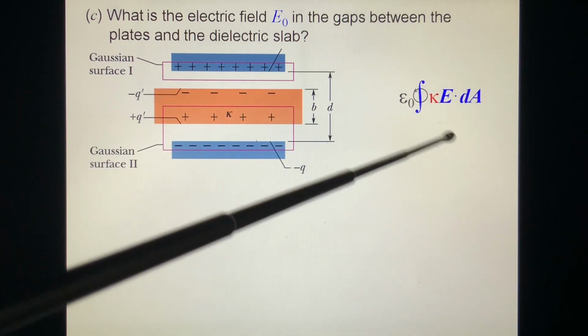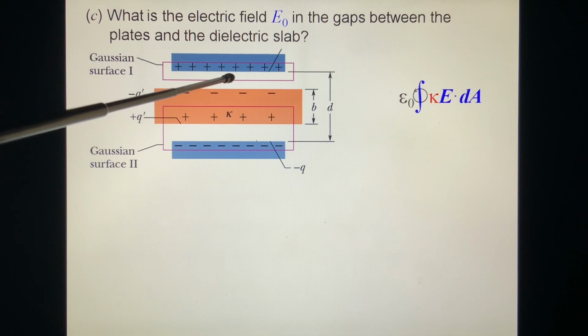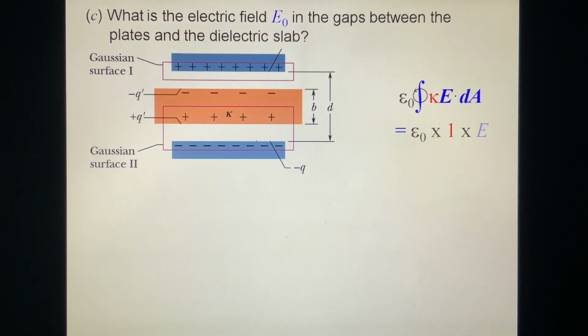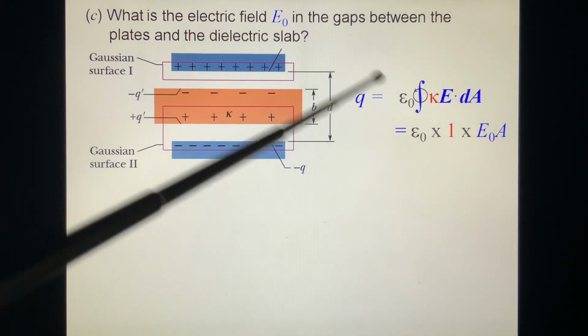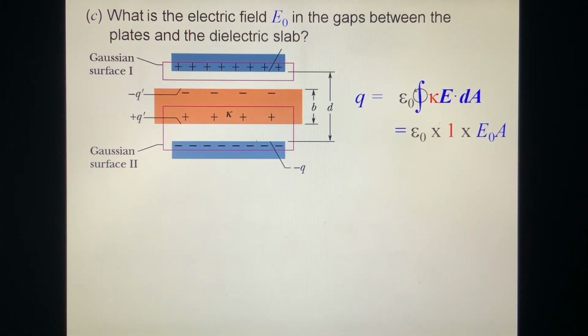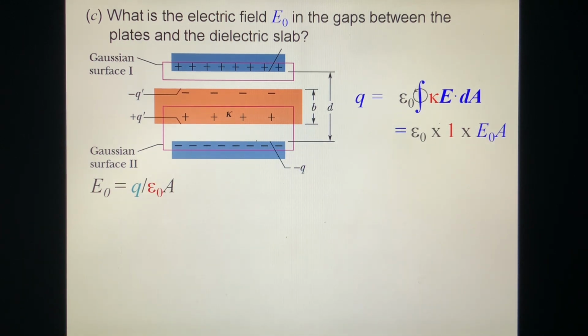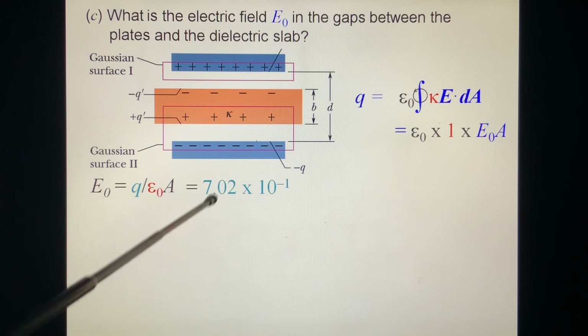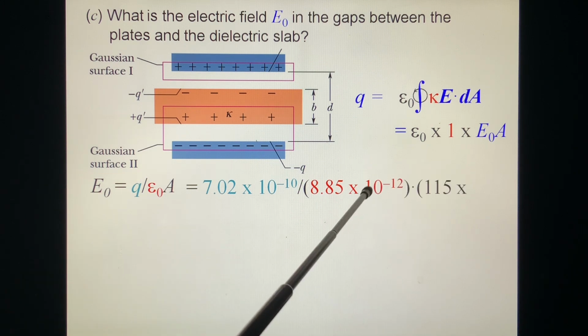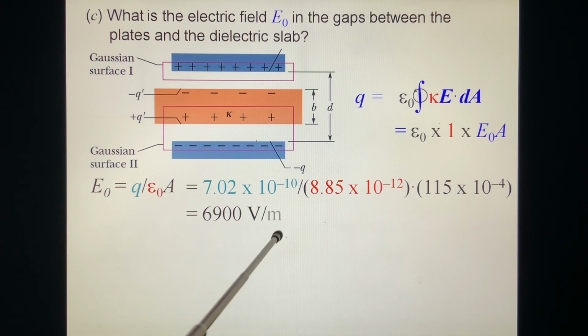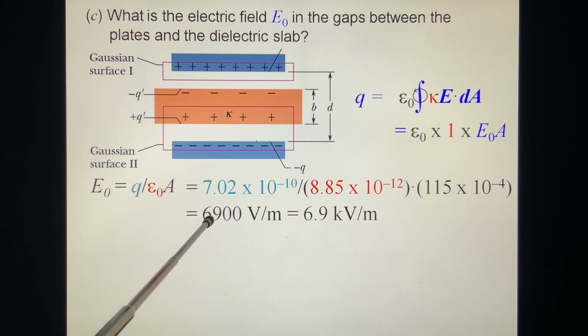In free space, kappa equals 1. So E0 equals Q over epsilon 0 A, the same as before. Now we put the numbers inside, in standard units, and we get E0: 6,900 volt per meter, 6.9 kilovolt per meter.